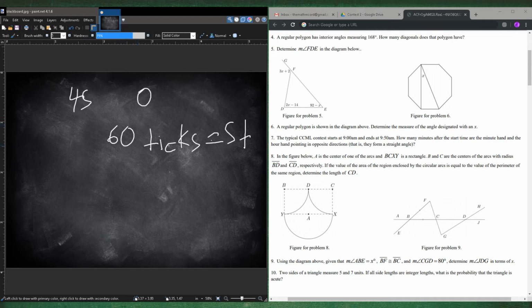So technically, if the minute hand is moving at X amount, then we'll just do a proportion, and we have X over 60 is equal to Y over 5. So technically, just divide by 5 here. So you get 12 ticks equals 1 tick, right? So every single 12 ticks the minute hand moves, the hour hand is moving 1 tick.